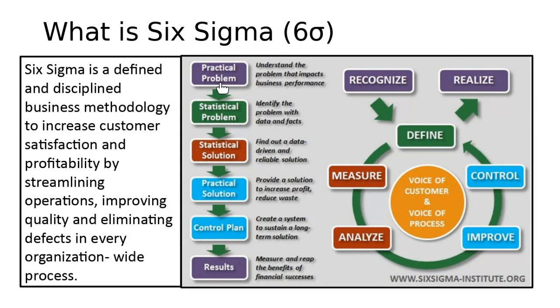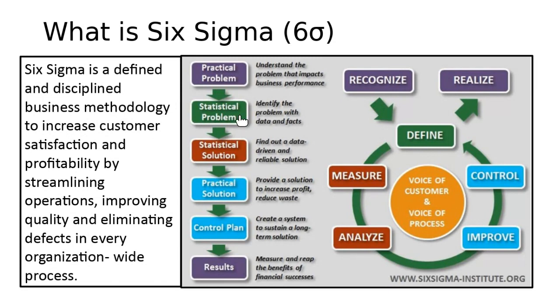What does it mean, the practical problem? That means there is a problem or an issue in the process or at any given organization. This practical problem is converted to a statistical problem using statistical tools like gathering data and using statistical analysis.